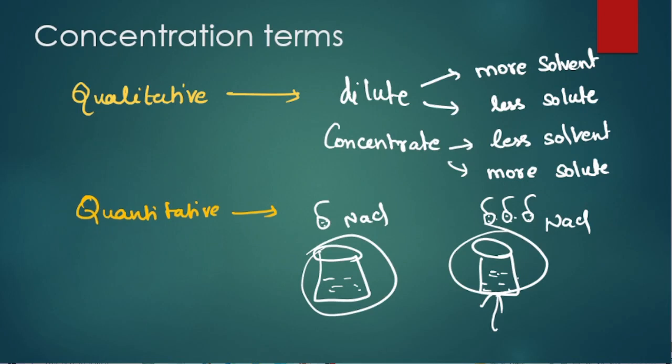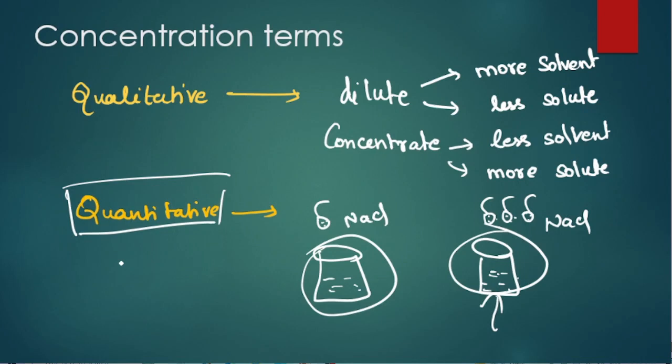But describing the solution in this way is not going to be fair enough, because we have to give the exact concentration term. That means you have to give it mathematically. So for that, you are going to learn the quantitative description. It's very, very essential.